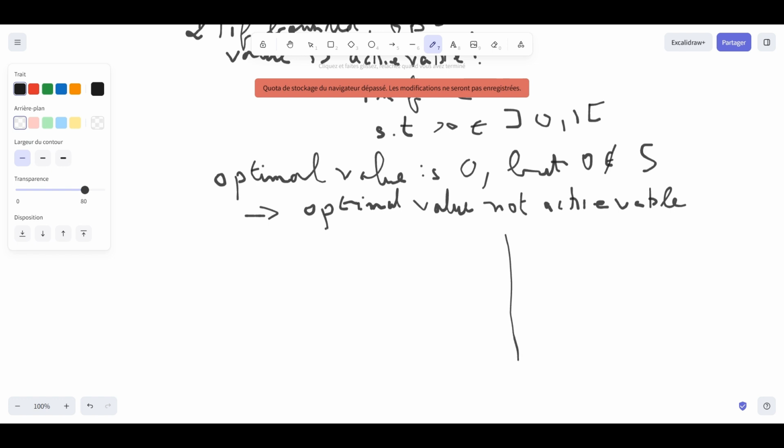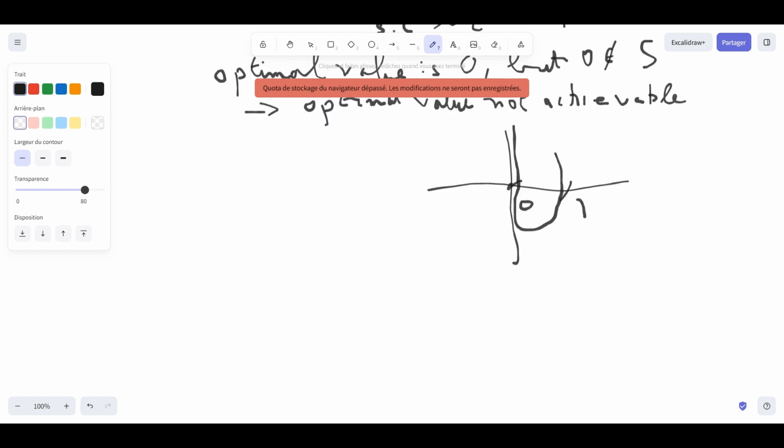Maybe you can draw it. So let's say it goes from here to here. You have 0 and 1. You do not reach the 0, so I think it will be a correct formulation.